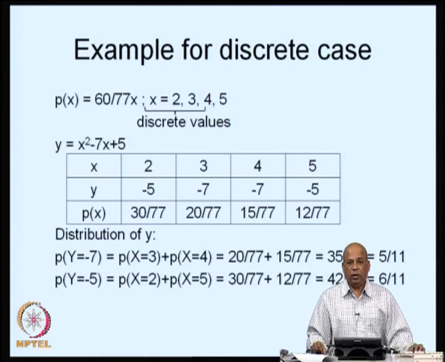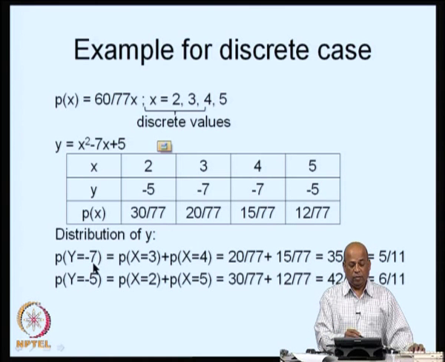So, once we define the probability of y is equal to minus 5 and probability of y is equal to minus 7, we would have defined the probability mass function for y. So, let us see for what values of x does y take on value of minus 5, let us say.